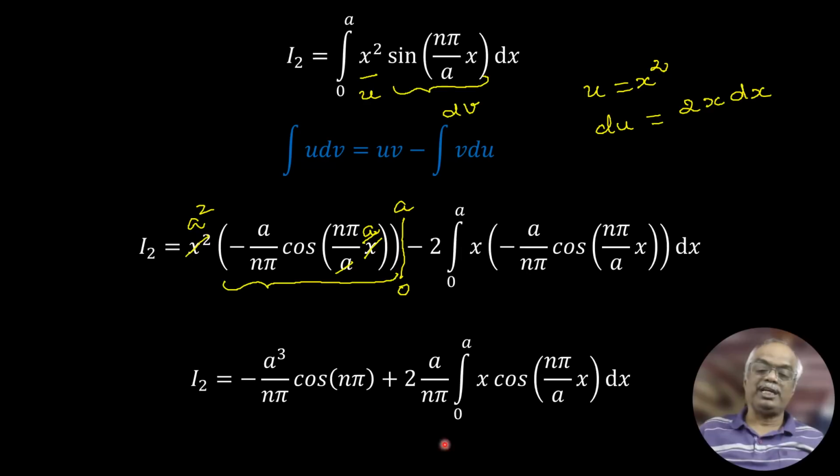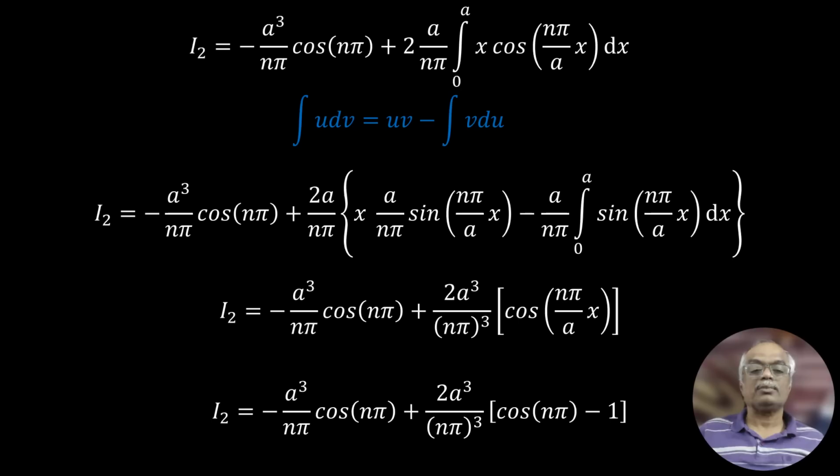Then we have to take care of this second part of the integral. Now we have done the integration part, the first part. The second part, we have to do the integration by parts again. Here, let us say x is equal to u and cos n pi by a x is dv.